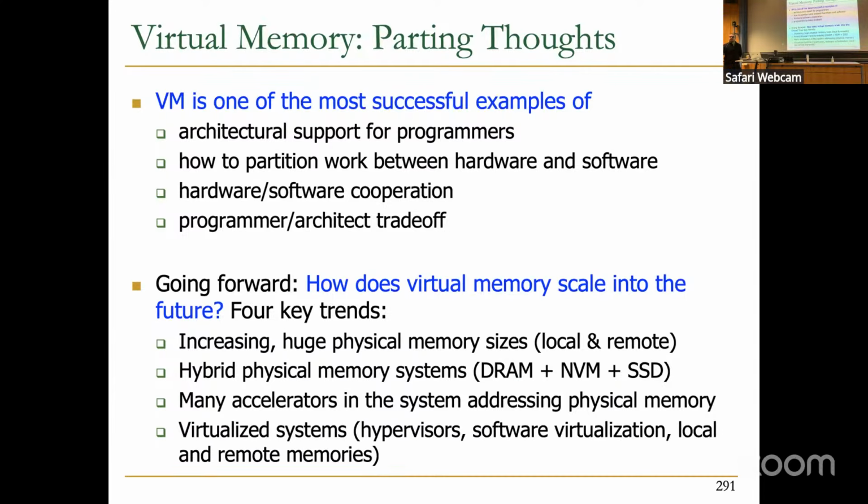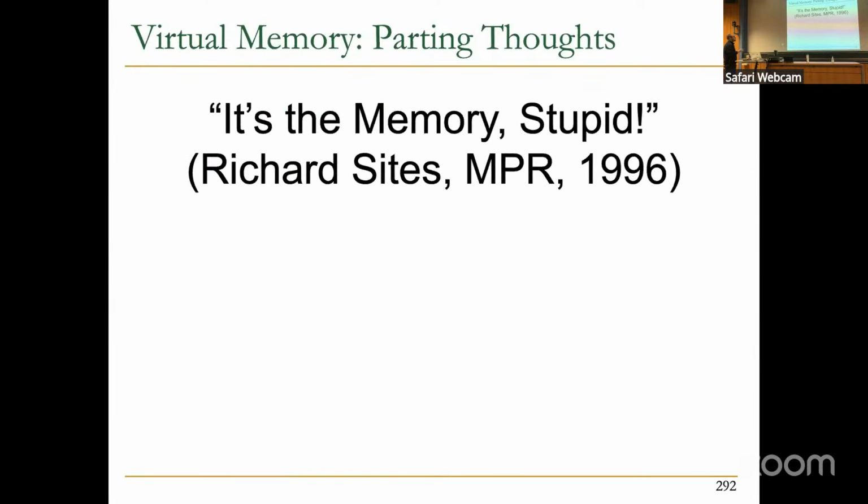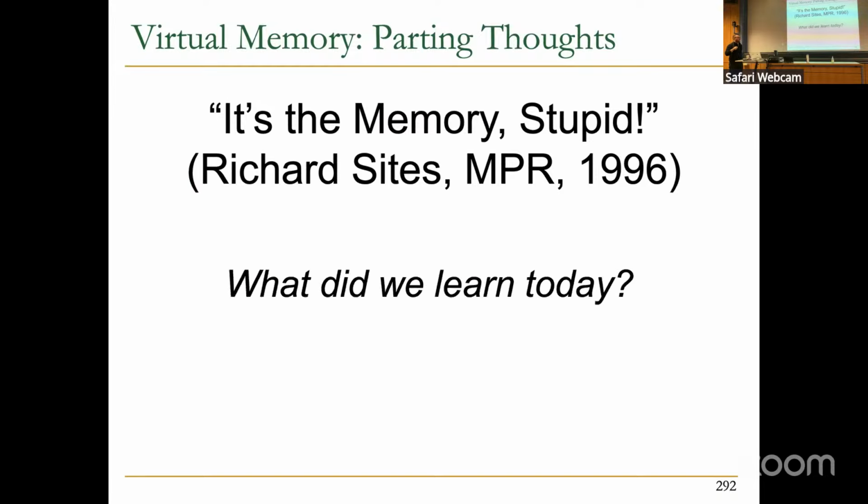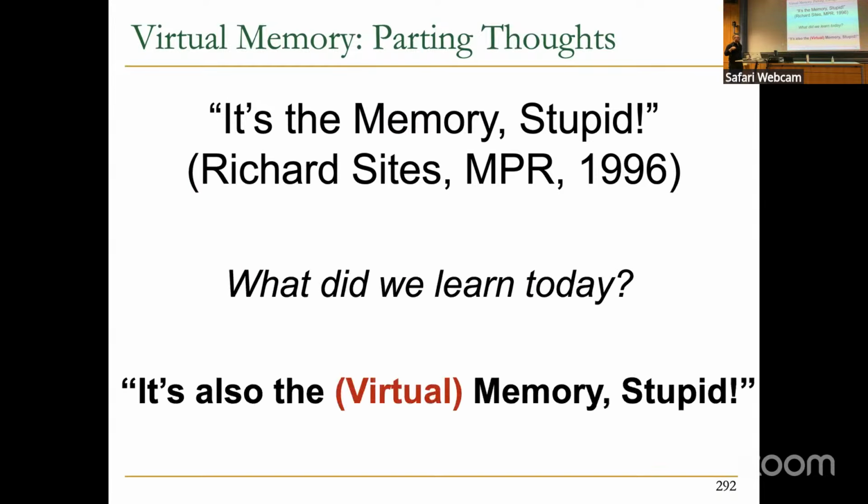And how do we handle allocation, translation, and many more in virtualized systems? So that's what Onur said in some lecture. And what we learned today is that it's also the virtual memory, stupid.